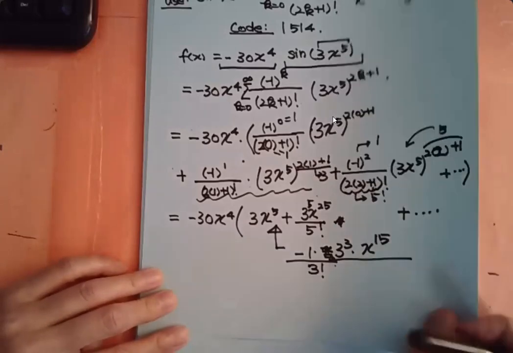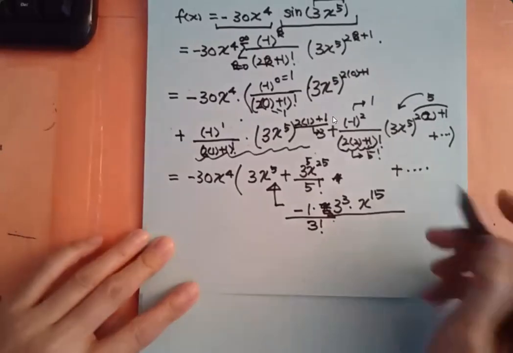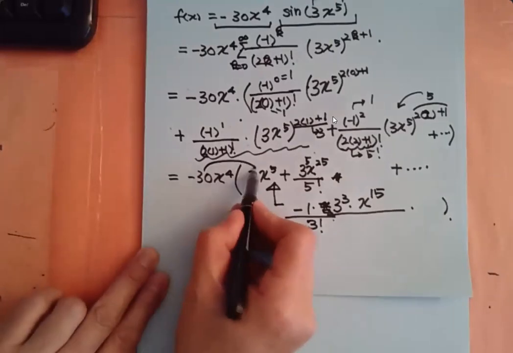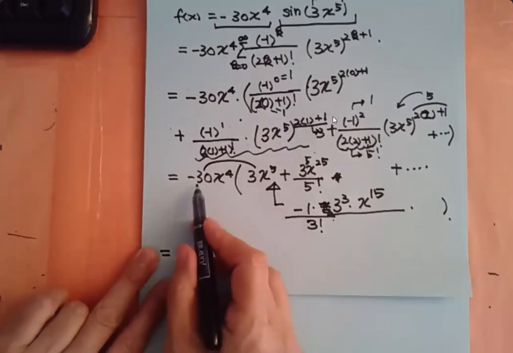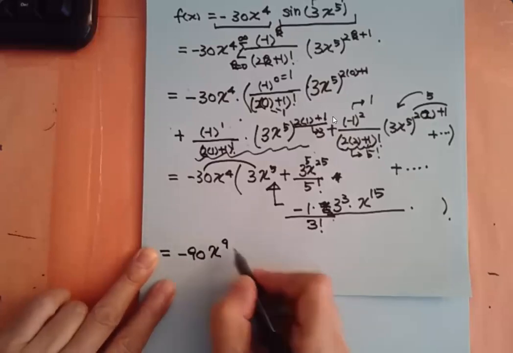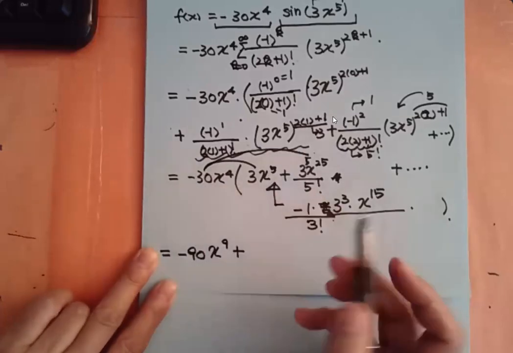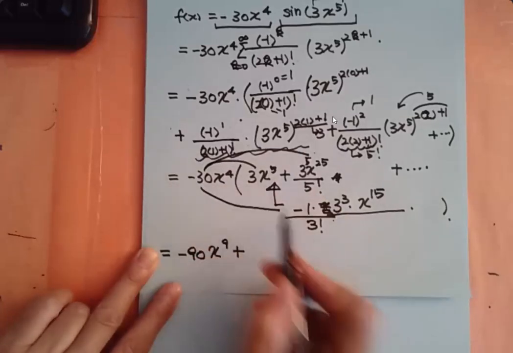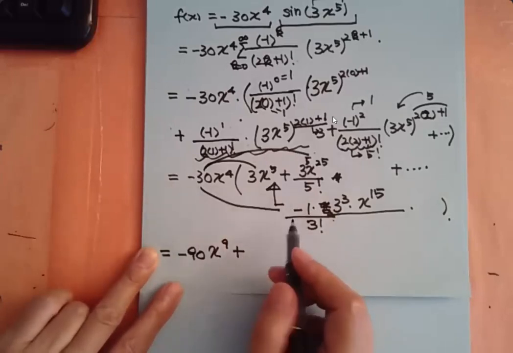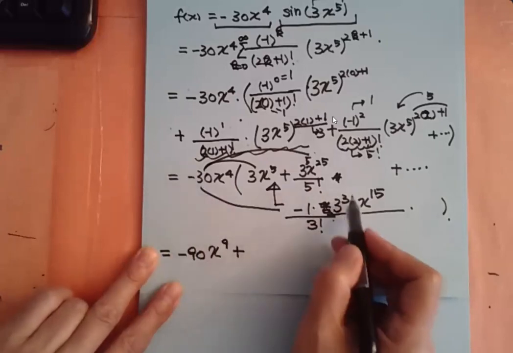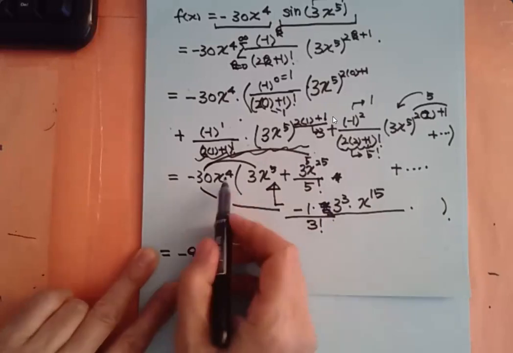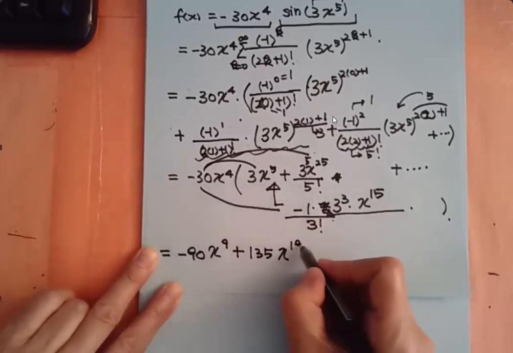So the remaining step is you have to simplify all those things. And if you multiply this, then you can easily get negative 30 times 3 is negative 90 times x to the 9th power. Plus, if you multiply these two, then minus will make plus. And if you simplify for this part, then you will get 135 x to the 4 plus 15 will be 19 power.